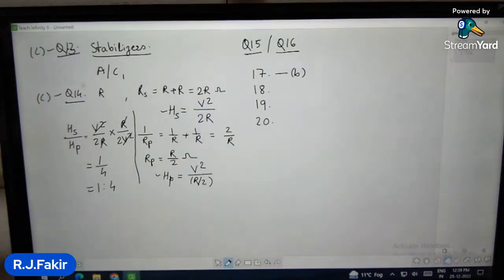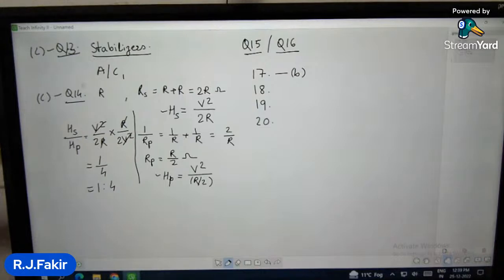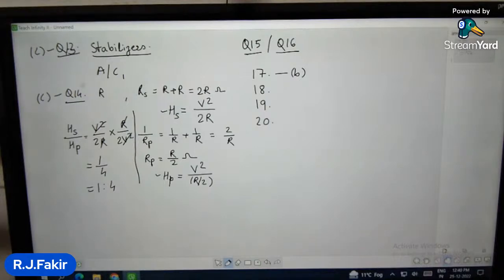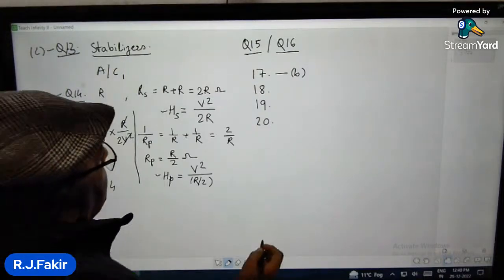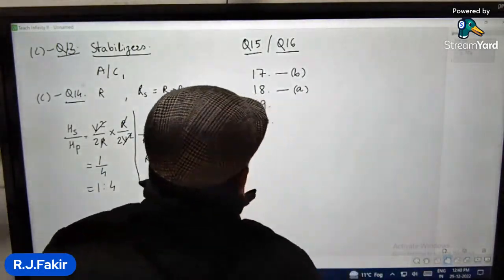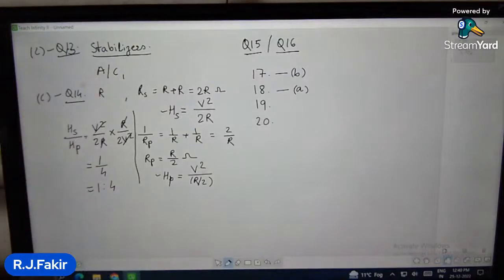Now the 18th one. Hemoglobin is the respiratory pigment in human beings, and the reason is it transports oxygen in the human body. So for 18th, option A will be correct. Why is this so?